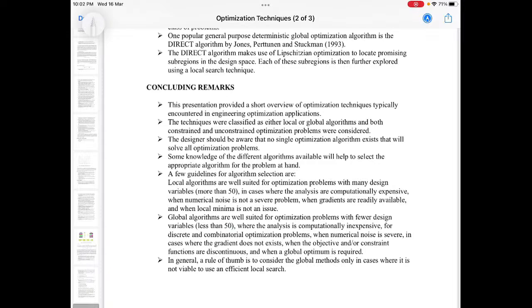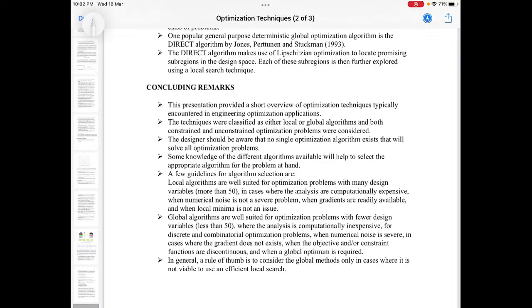Where the analysis is computationally inexpensive, for discrete and combinatorial optimization problems, when numerical noise is severe, in cases where gradients do not exist, when the objective and or the constraint functions are discontinuous, and also when the global optimum is required.